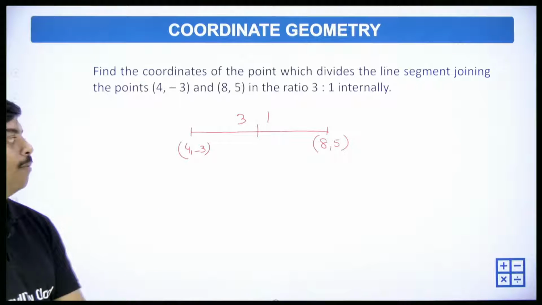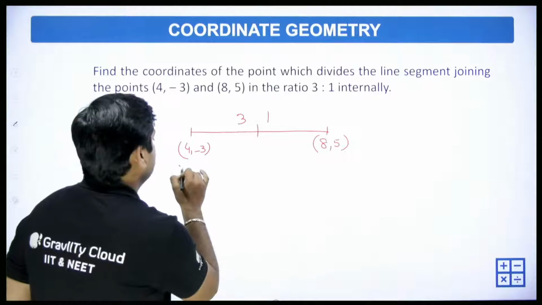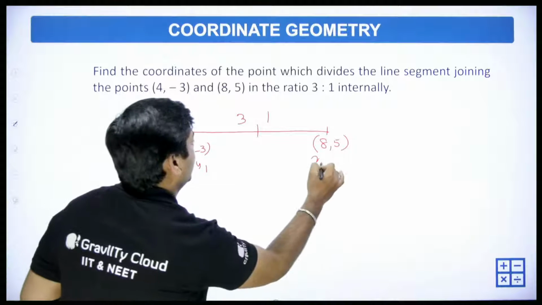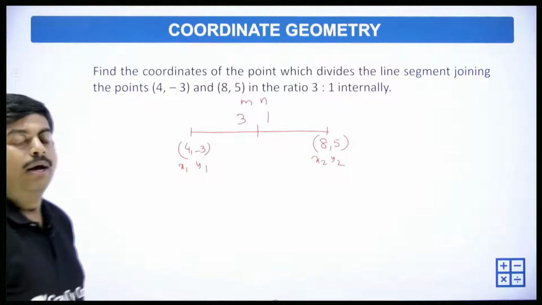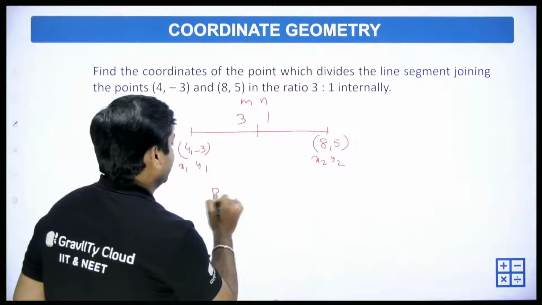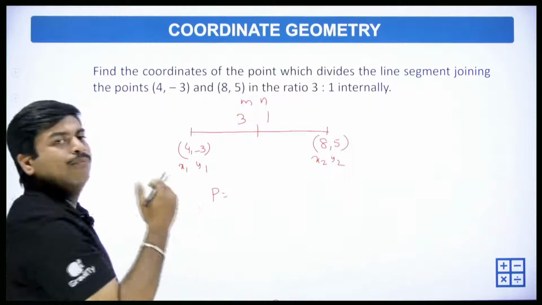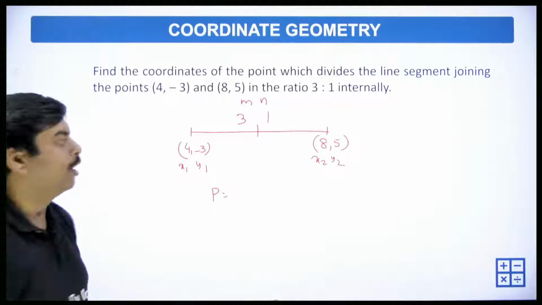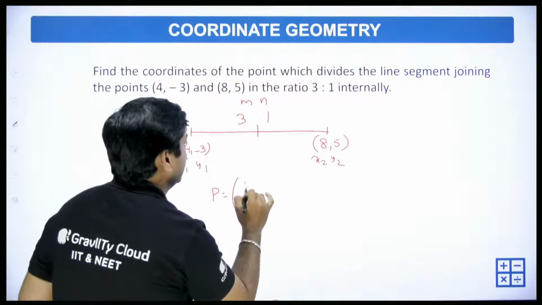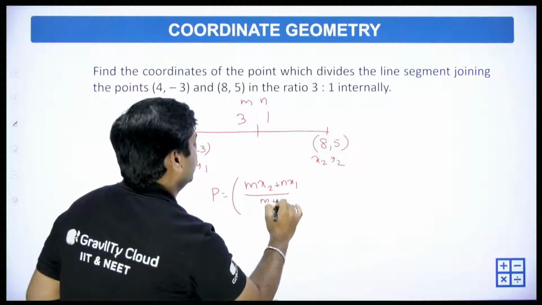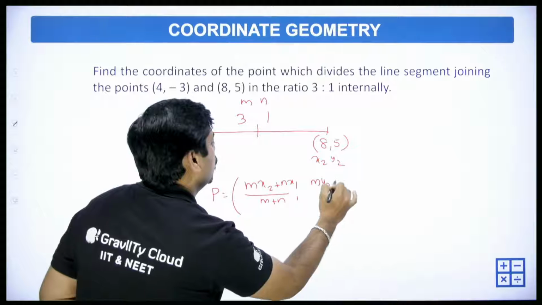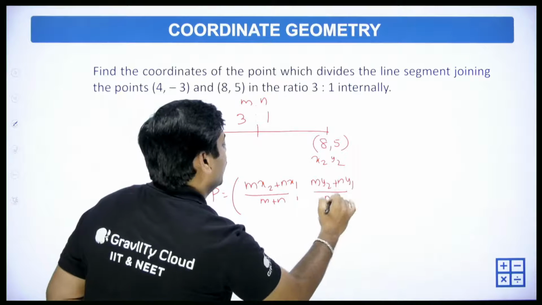So we have the formulas, right? This is x1, y1 and this is x2, y2, and you have the formula for the ratio m:n. Sometimes it is m:n or m1:m2, it depends on the book we are following. The point is (mx2 plus nx1) by (m plus n), comma (my2 plus ny1) by (m plus n).